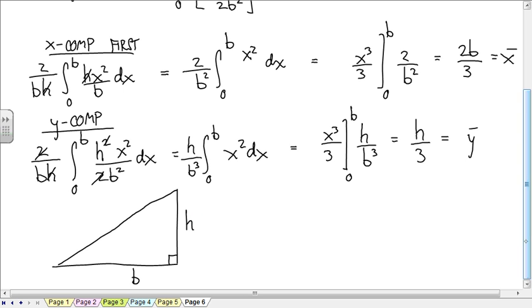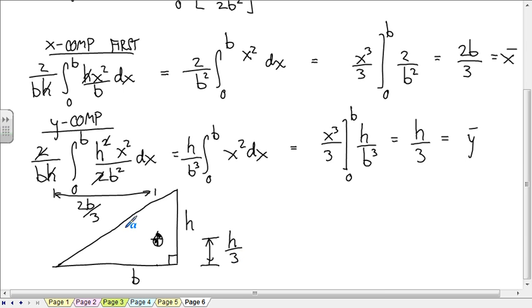The centroid is 2/3 of the way from the point to the wall and 1/3 of the way up to the top. So this is 2b over 3, and this is h over 3. Okay.